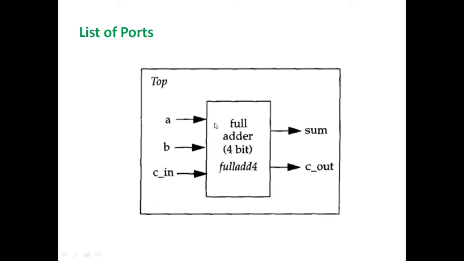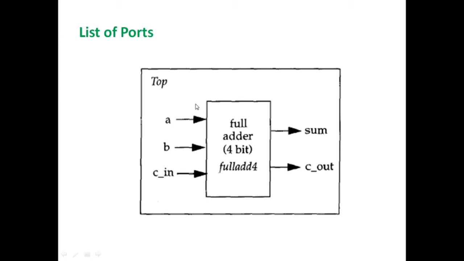Internal to the module I have used small a, small b, small c in, and small sum and small c out. External to the module, this 4-bit full adder's ports I have called capital A, capital B, capital C in, and capital sum and capital C out.